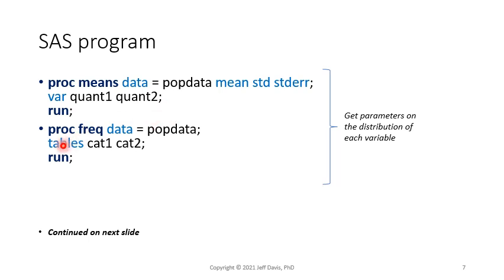For the categorical variables, we use proc freq, data equal pop data, and say here are the tables: cat1, cat2. Tables because it's going to display each value of the categorical variable, rather than getting a summary statement like you do with proc means.